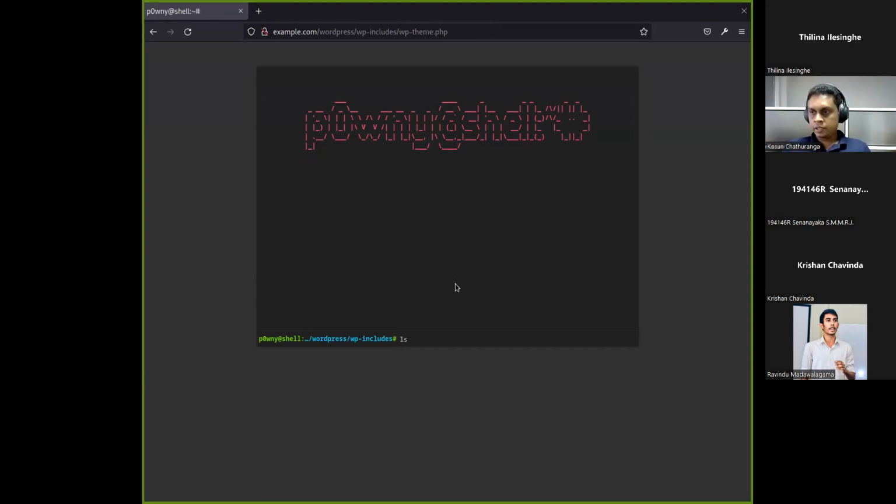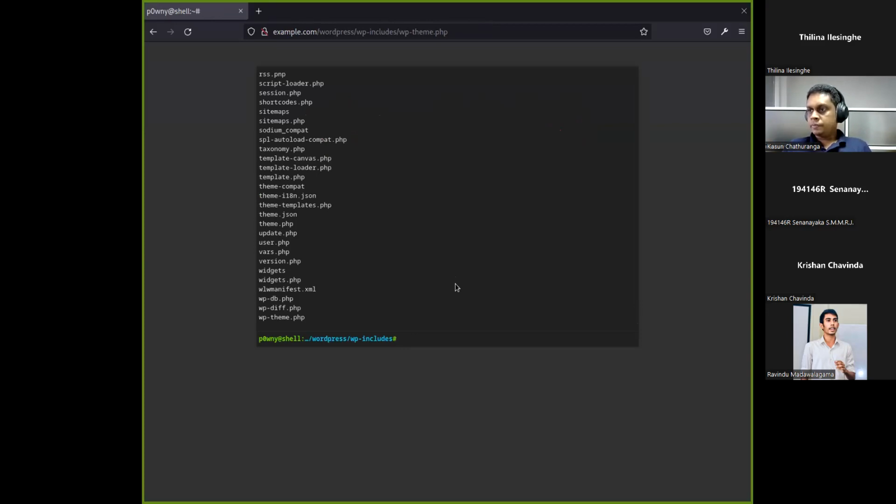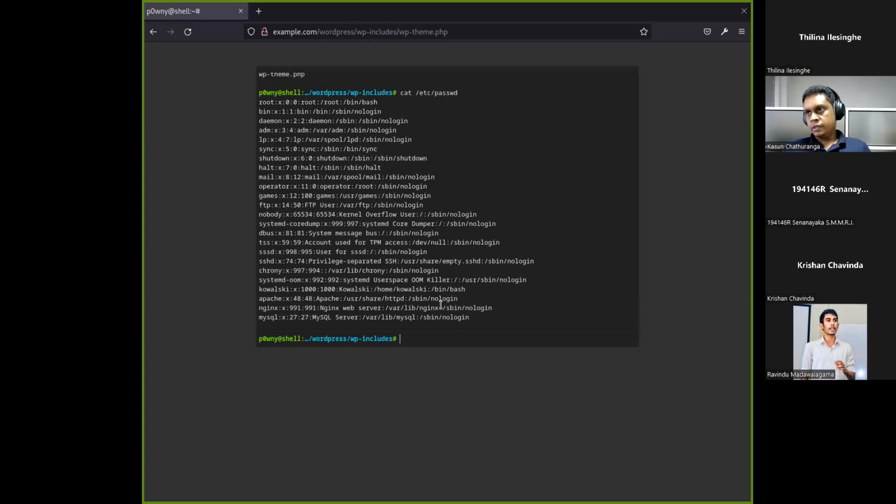Using that, the attacker can run any command, like a command prompt but running on the website, and do whatever he likes. After an intrusion, we often see these sorts of web shells planted into websites, and attackers using them.